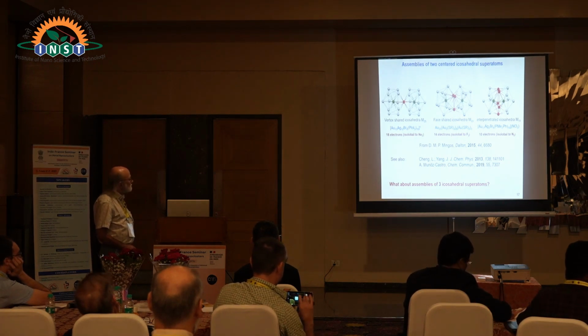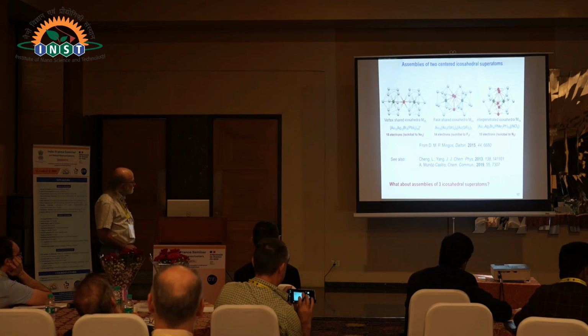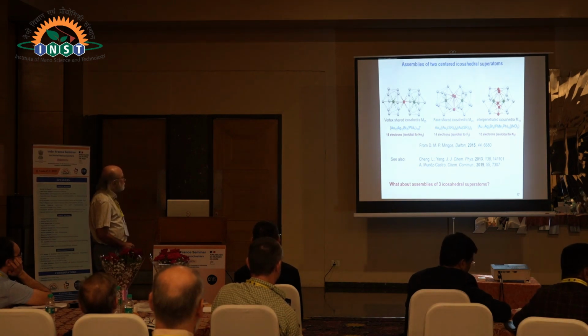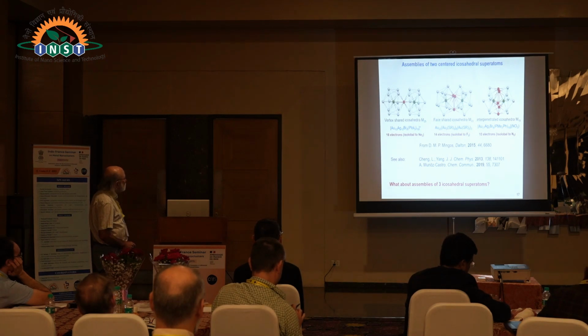There is this very nice paper from Mingos in 2015. These 2 guys have developed more or less similar approaches. So Mingos looked at the literature and was able to find examples. These are only picked examples. This one, vertex sharing, 16 electrons, so it's isolable.